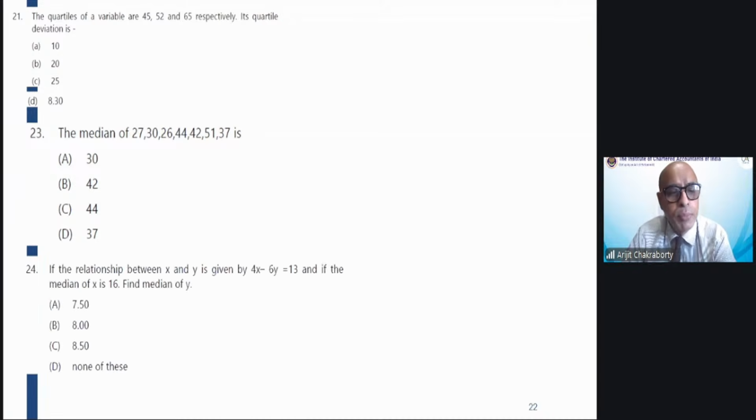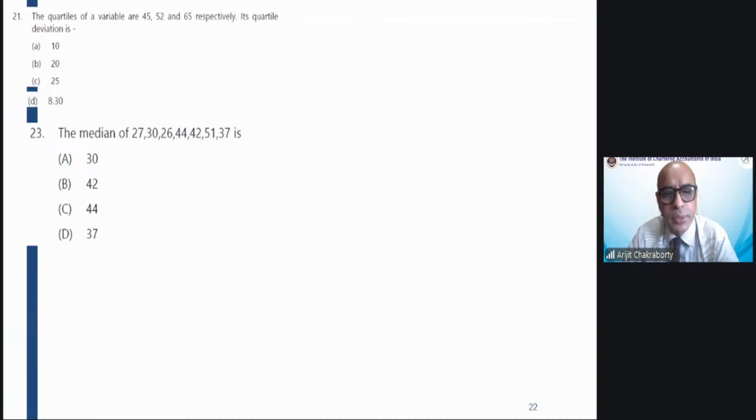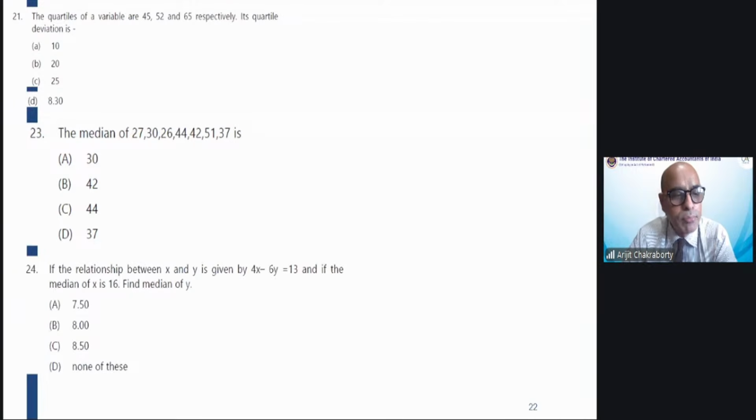23rd question, the median of 27, 30, you can see a series of numbers. Please first arrange them in ascending order, and thereafter we will get the median, the middlemost value. Here we have 7 numbers.